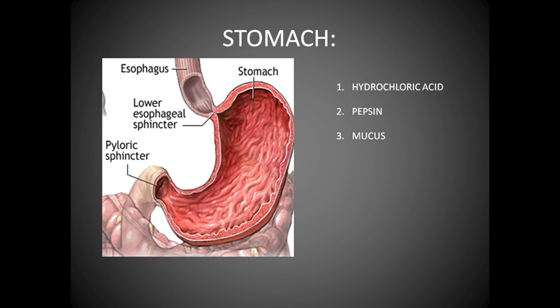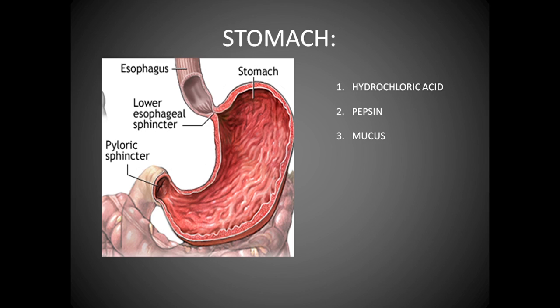Now pepsin needs an acidic media for action. Hydrochloric acid is an acid, so it will provide an acidic media for the pepsin to act. So those are the two roles of hydrochloric acid: it will help in killing the bacteria and it will help in providing an acidic media for pepsin to act.